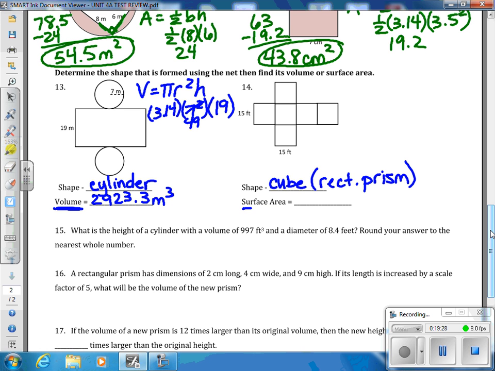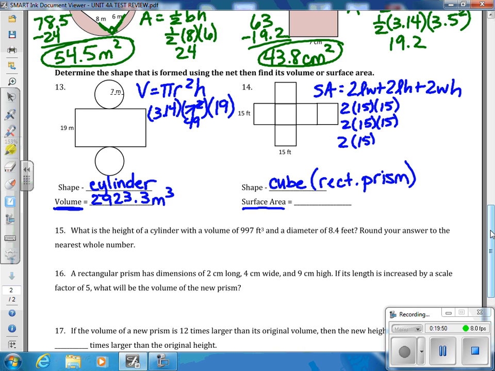And we are finding surface area for this one, right? So it is the longer one. It's the 2LW plus 2LH plus 2WH one. Now the nice thing about this is the length, the width, and the height are all the same number, right? So you're going to have 2 times 15 times 15, and you're going to have that 3 times. It all comes out the same in a cube.